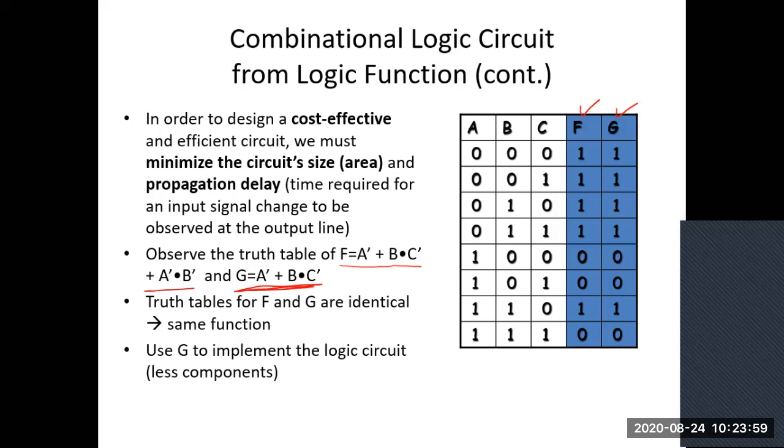Later on, when we learn how to minimize this function, we will see how F and G are the same. Suppose you don't know anything about digital, and by seeing this equation and that equation, you can say these two equations are different, when you are seeing them for the first time. This is A bar B dot C bar plus A bar B bar, and the G equation is A bar plus B dot C bar.